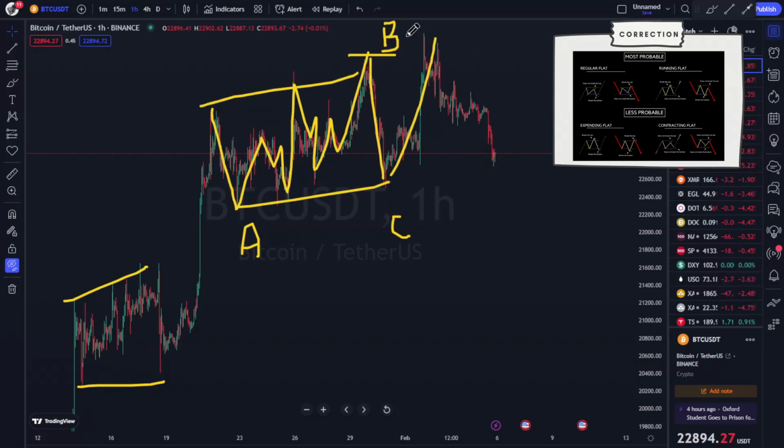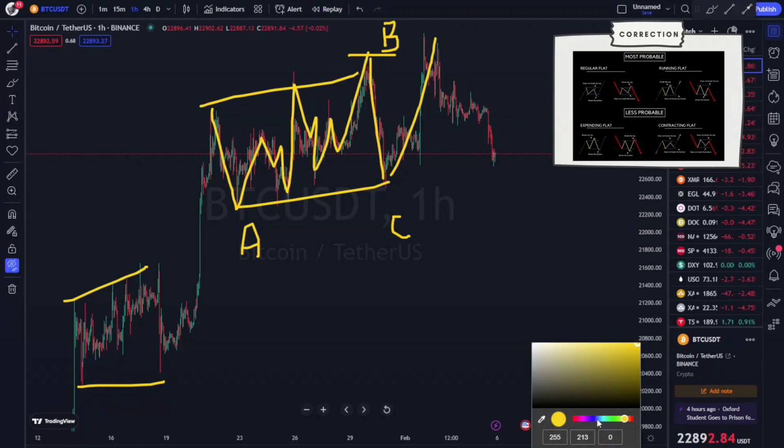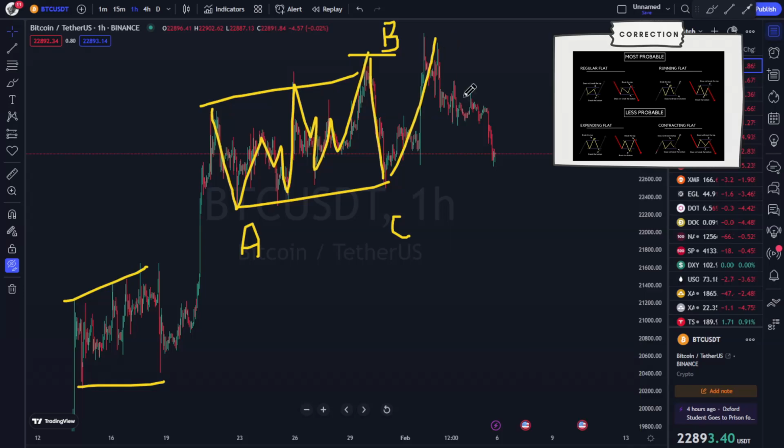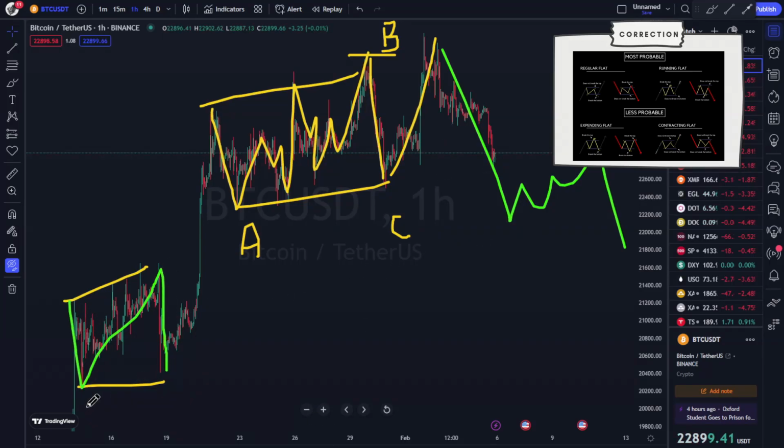You have your up move, you break the top, and you're looking for, and I'll put it in a different color, a different structure, all right? The only difference between both is that they are literally the same. You're starting a new structure. In both cases, these are the same, but before I get into the difference, let me put that as a running flat also, so you can see that these are the same structure with the ABC.